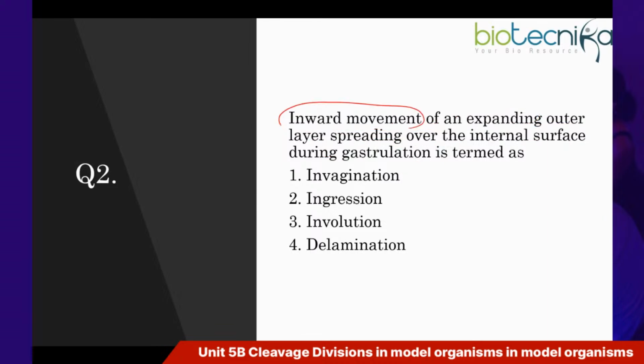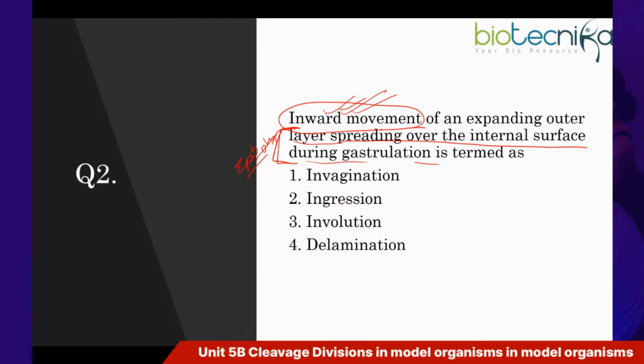So why is it not epiboly? Because of these two words. If it was only one outer layer expanding or spreading over the internal surface during gastrulation, this much would have been epiboly. But epiboly is only the covering on the outside. Generally, it doesn't go inward. So inward movement means it is not epiboly.